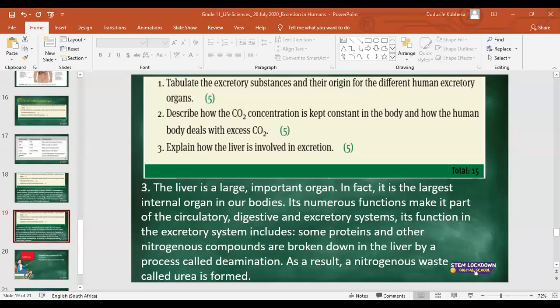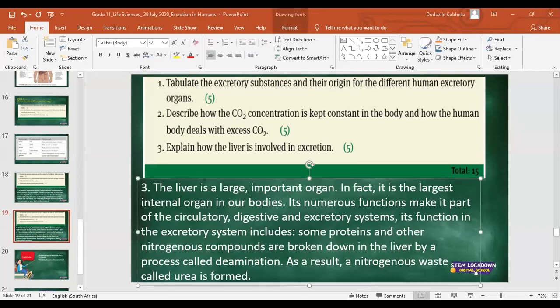So guys, I don't want us to end just now. Let's go look at the other. I'm going to open the textbook rather so that we can work from it. I'll share it just now with you guys. Remember, I always told you you should download the Via Africa Life Sciences book.